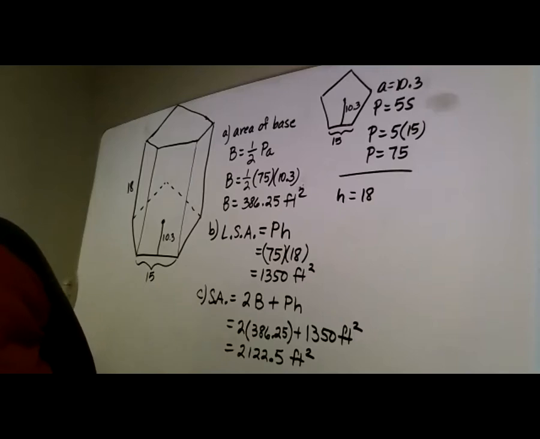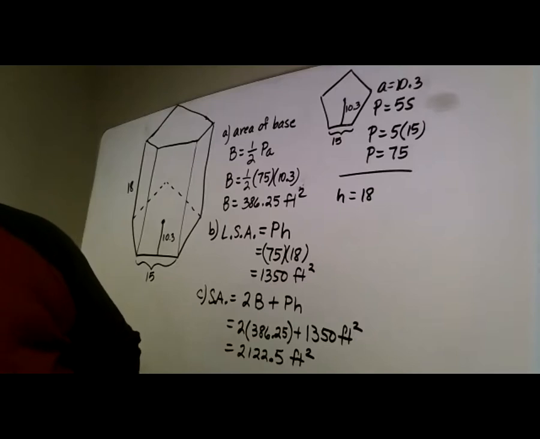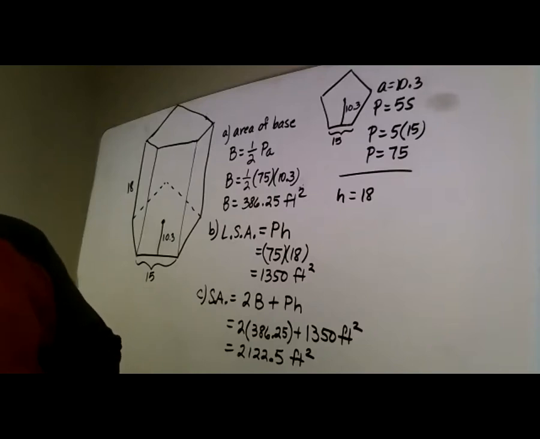Okay. That's how we find the area of each base, the lateral surface area, and the surface area of that entire prism. Questions? Okay.